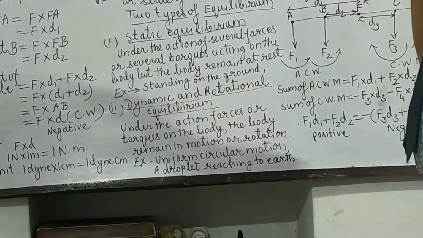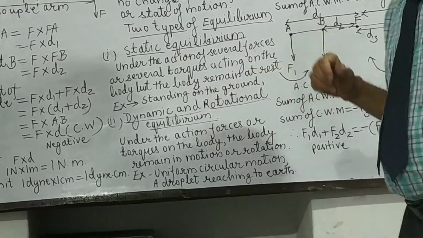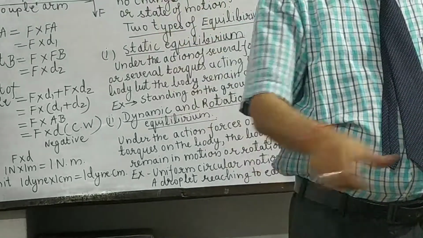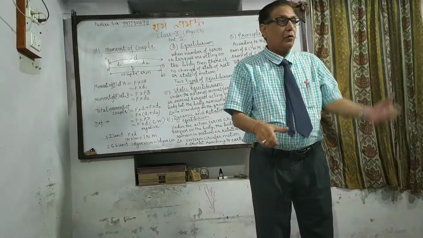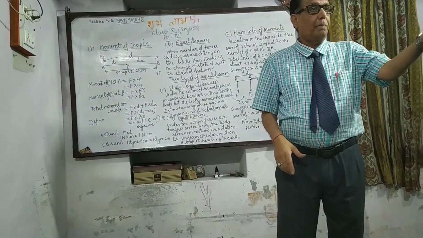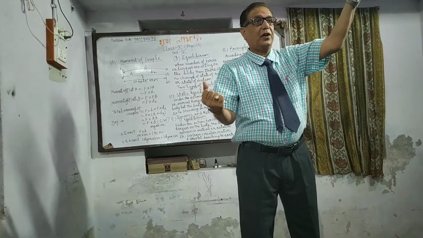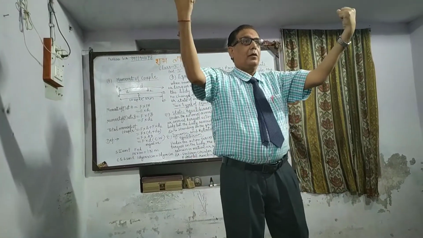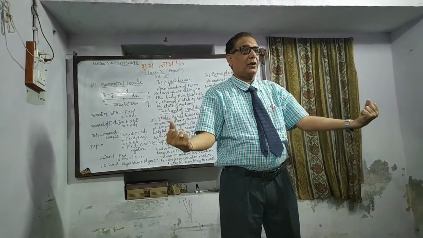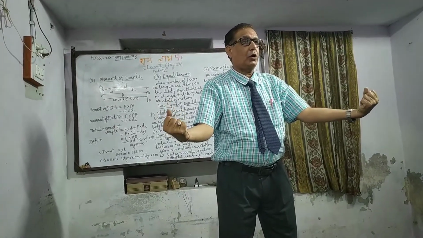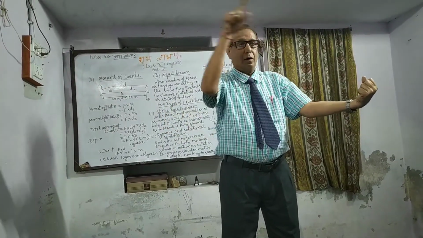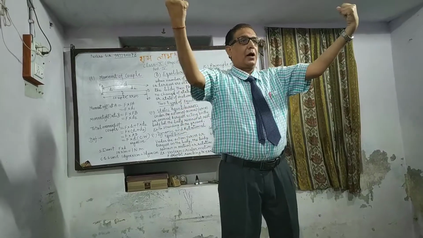Similarly, in rotating also, suppose there is a rotating fan blade, and one boy holds it down and pushes it upward. Another boy also pushes the other blade upward. Both the boys are pushing the two blades of the rotating fan in the upward direction.